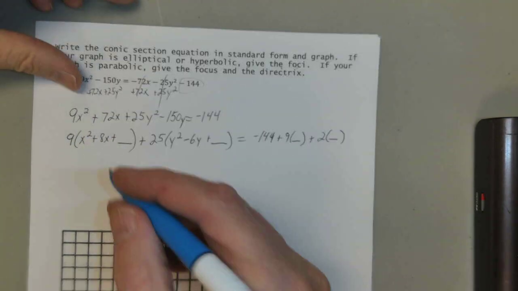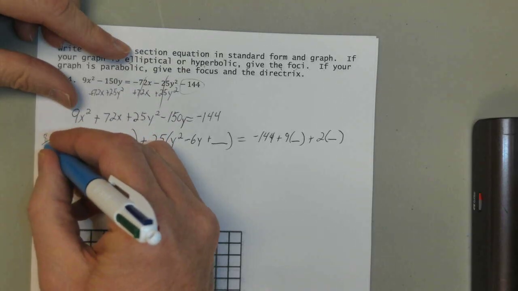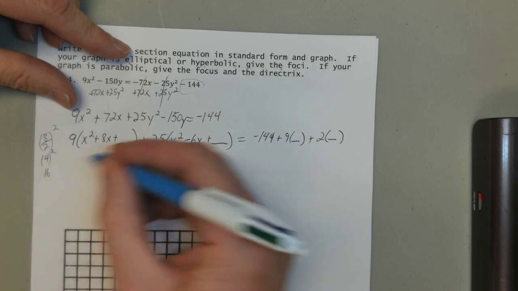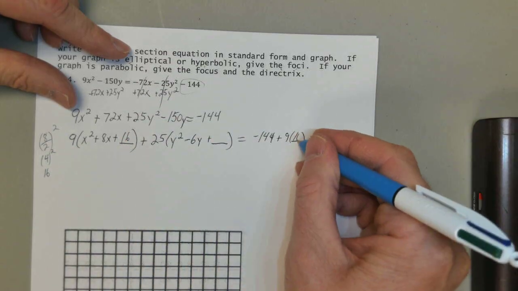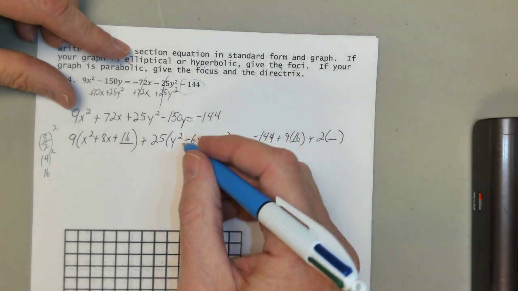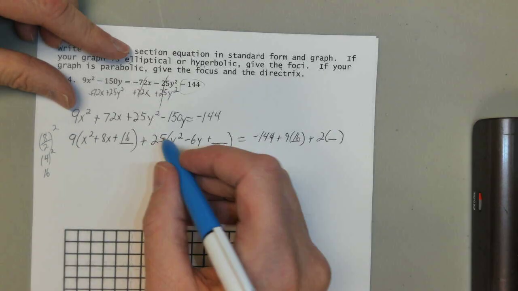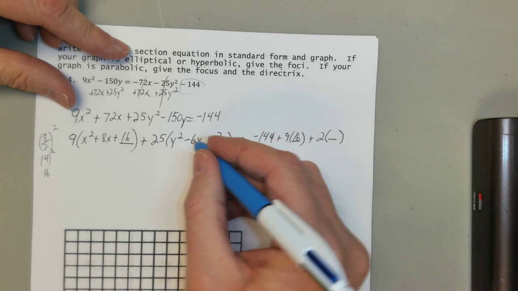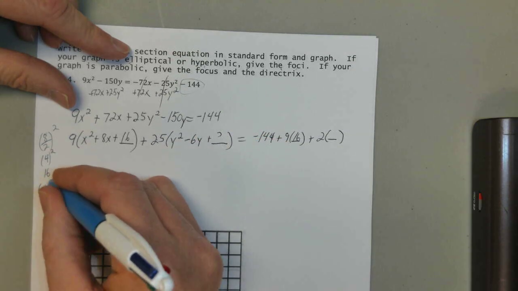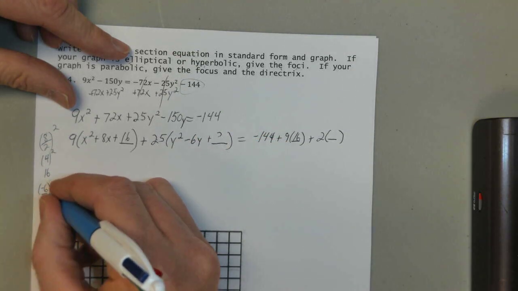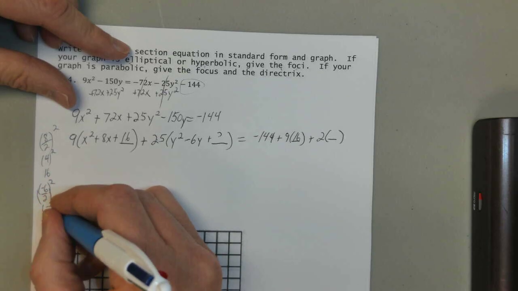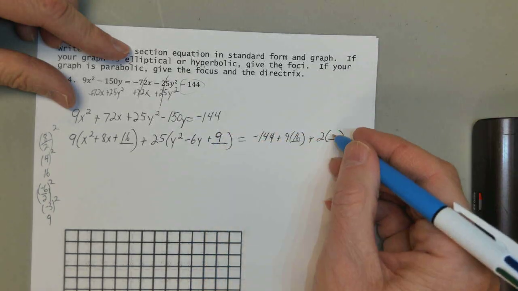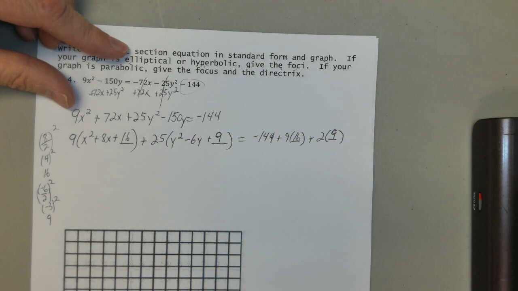Let's complete the square. 8 over 2 squared, that's 4 squared, which is 16. 16 here, 16 here. For the 25, negative 6 over 2 squared, that's negative 3 squared, which is 9. Put 9 here, put 9 here.